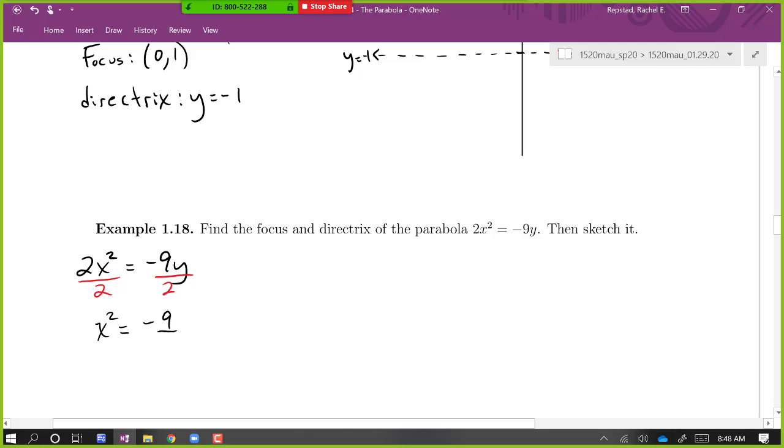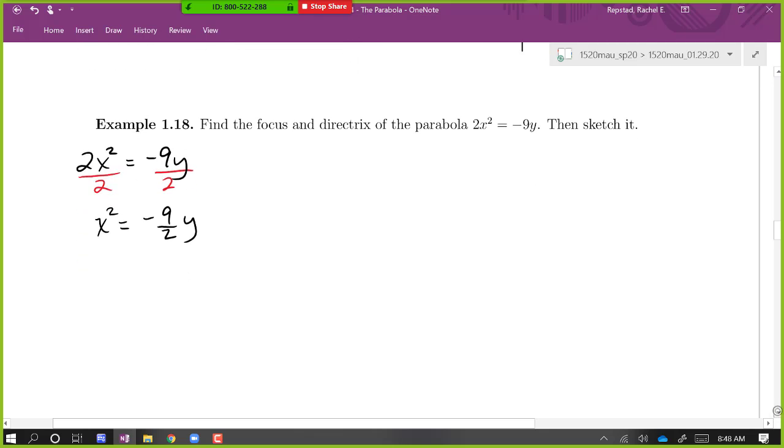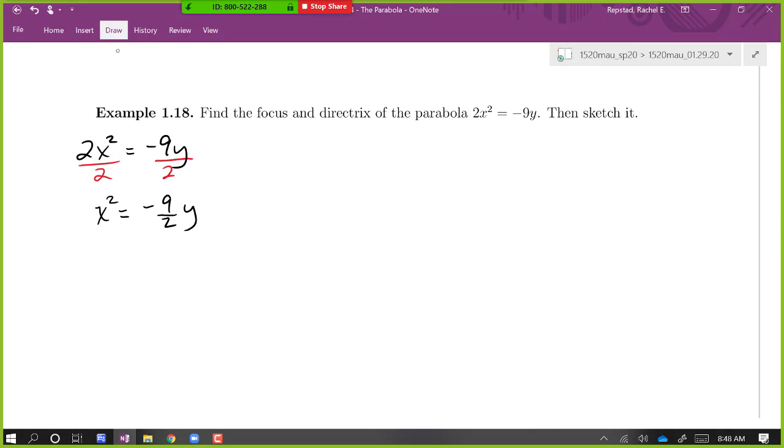So negative 9/2 times y. So now 4p is negative 9/2. And if we divide by 4 or multiply by 1/4, we get negative 9/8 for p.